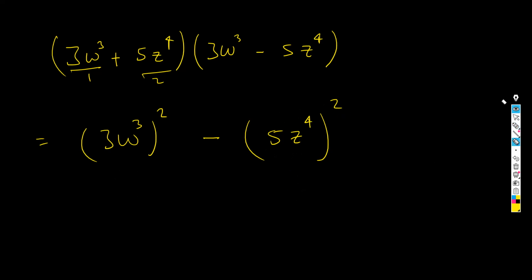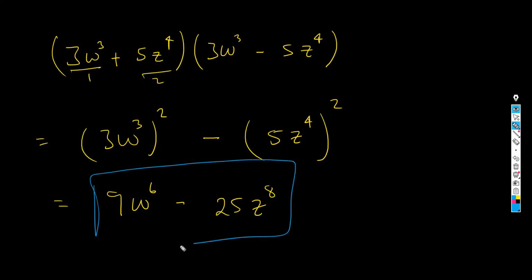And basically, I raise these two terms to the square. You're gonna get 9w to the 6 minus the square of all of these, which is 25z to the 8. And I'm done. And remember, with practice, you can get these ones done very quickly, extremely quickly.